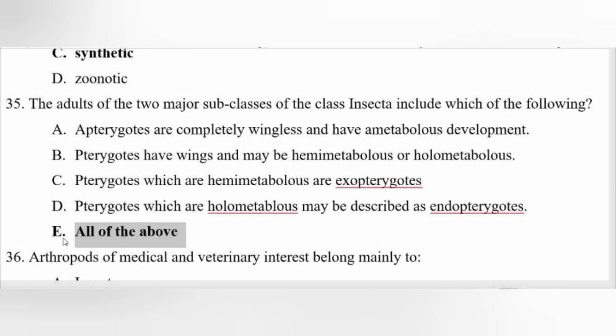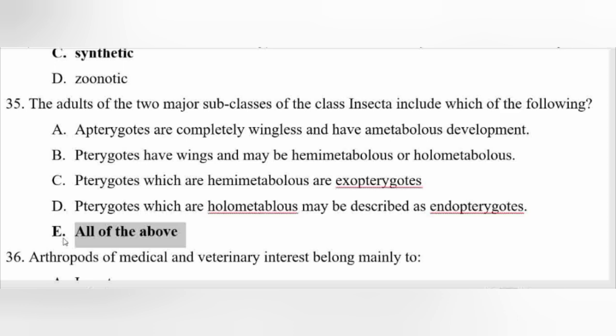Then option C, pterygotes which are hemimetabolous are exopterygotes. This one is saying that insects which have wings and which undergo incomplete metamorphosis, their wings actually develop outside their body. So they are exopterygotes. So that one too is true.